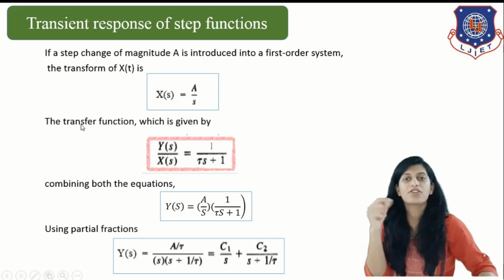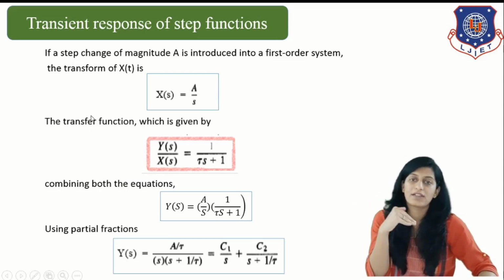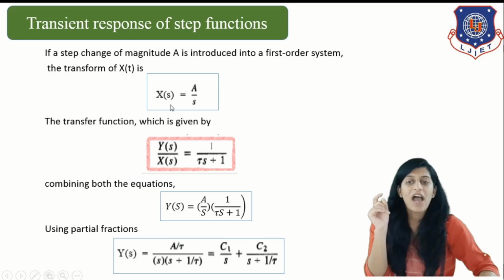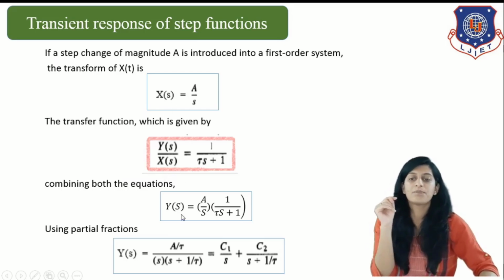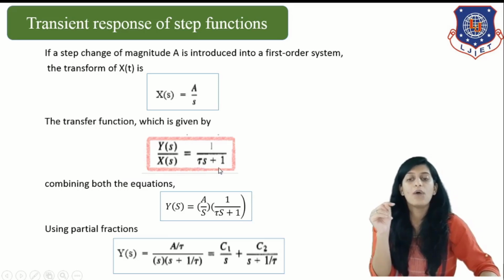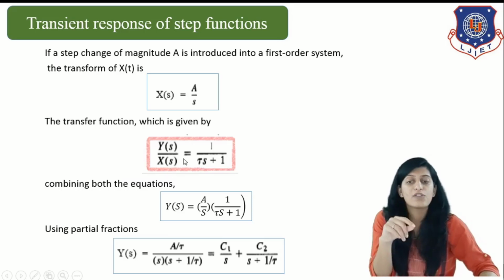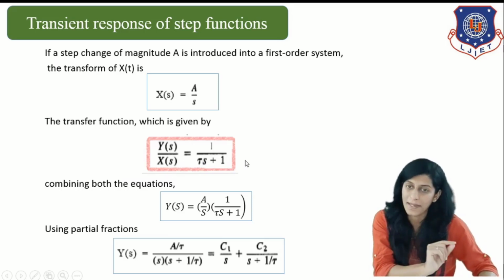The transfer function, as we all know, is the ratio of output by input. So it will be in the form of y of s upon x of s equals 1 upon tau s plus 1. In the same way, putting the value of x of s here, we get y of s upon A by s equals 1 upon tau s plus 1.